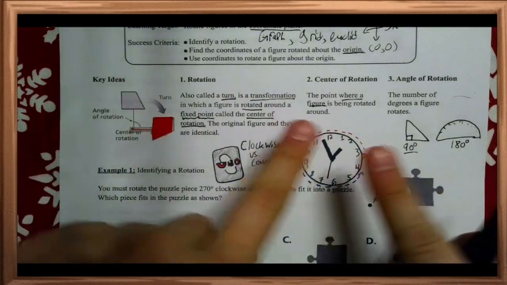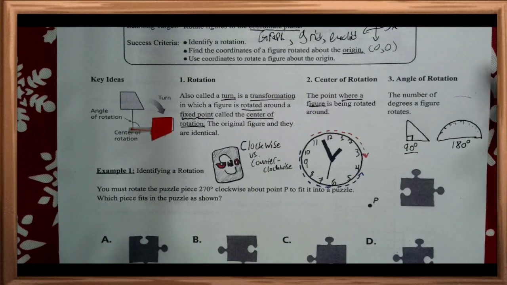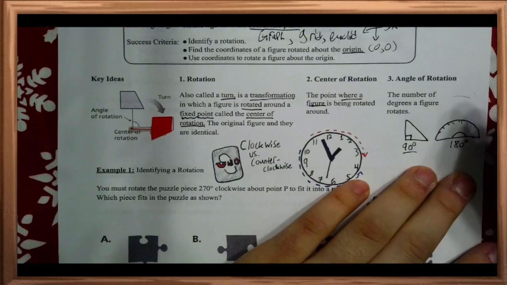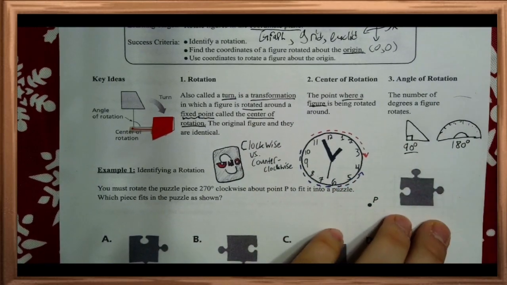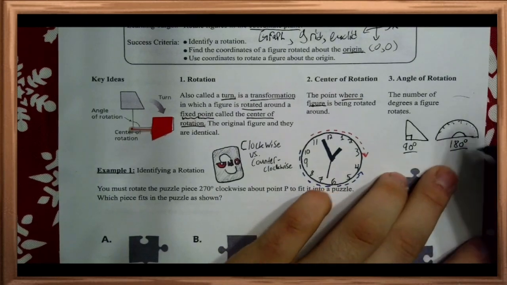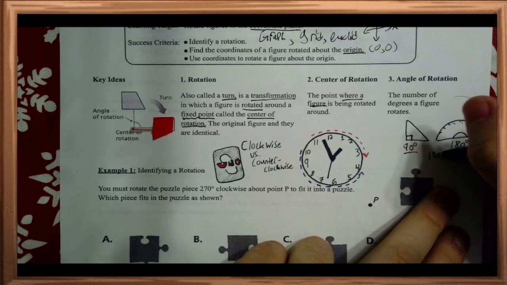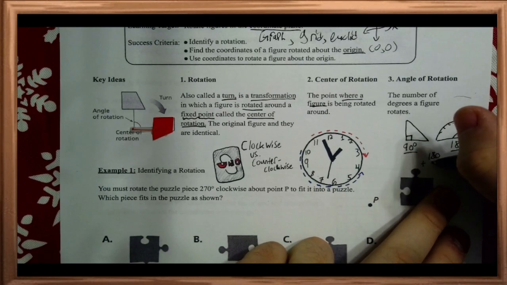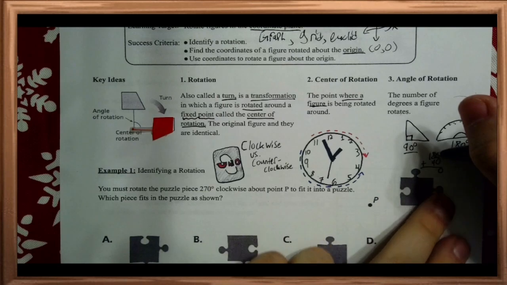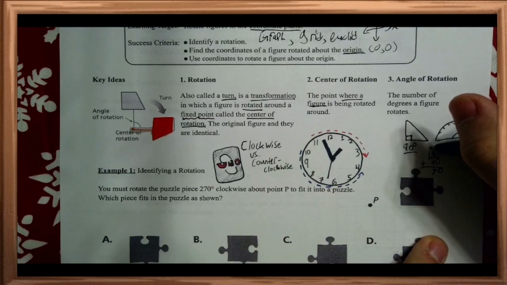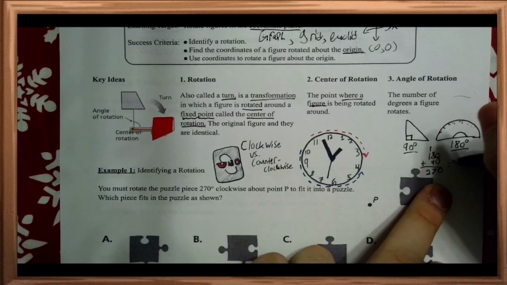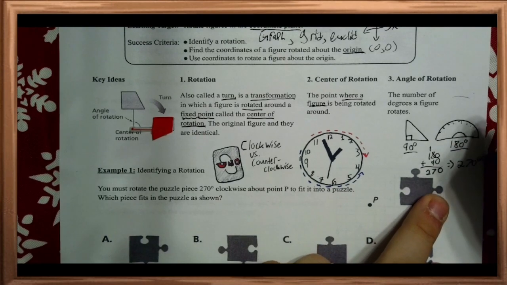A straight line is 180 degrees. And then we'll throw one more in. If we have 90 degrees and 180 degrees, what's 180 plus 90? 8 plus 9 is 17, so we're going to get 270 degrees as well.